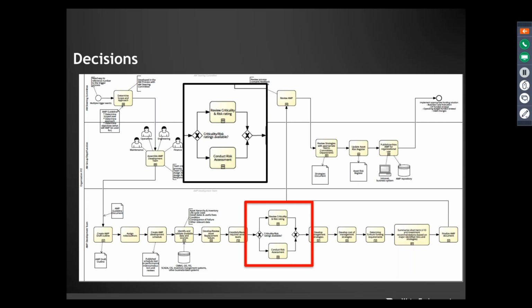If no, then you're going to conduct a risk assessment so that you can get that risk rating. As you can see, both of those activities are actually sub-processes, so there's another process map that goes along with that. Other decision points might just be a simple approval to move forward, or a go, no-go type of decision.